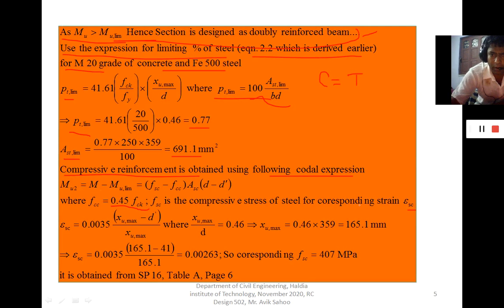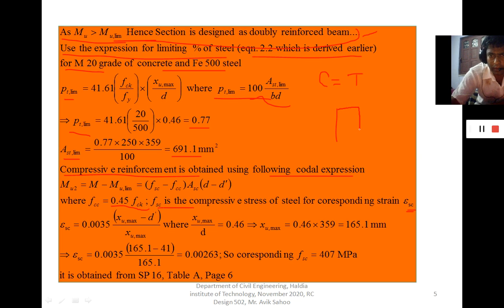So at this level, what is the strain? That we calculate, and the corresponding stress we have to find out.